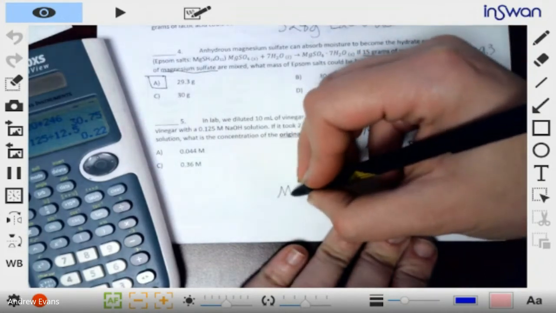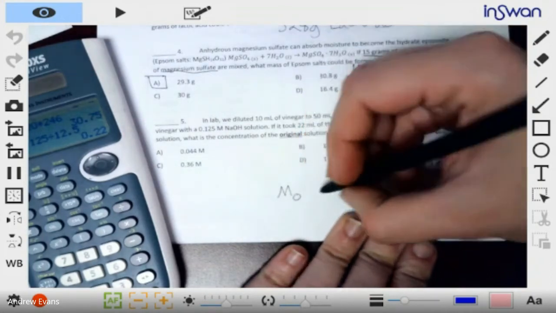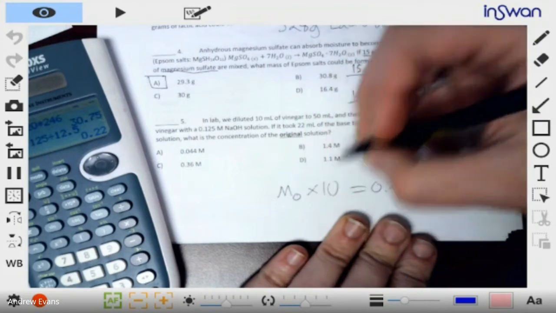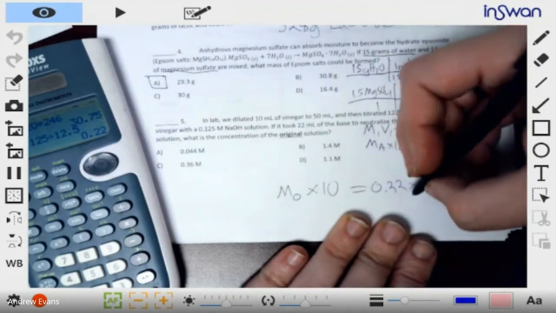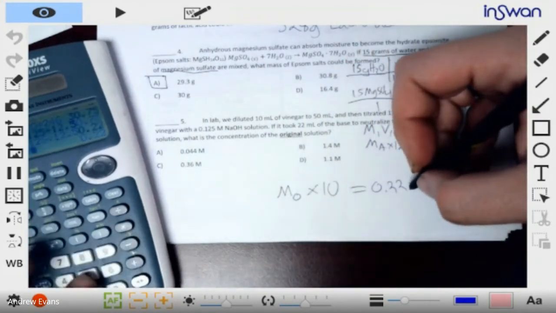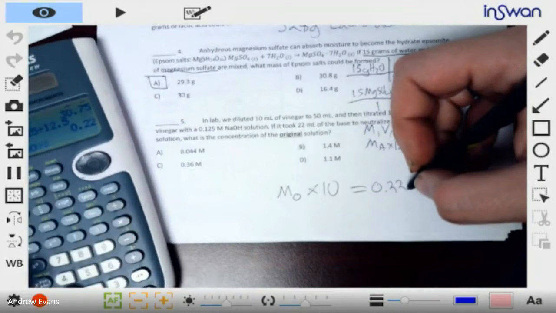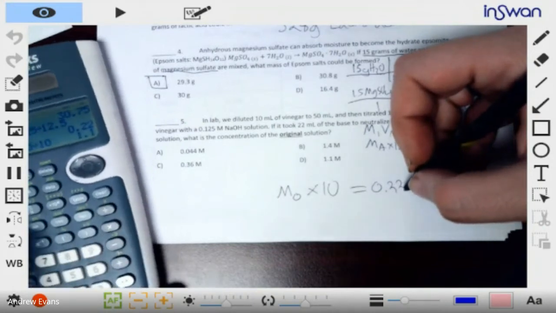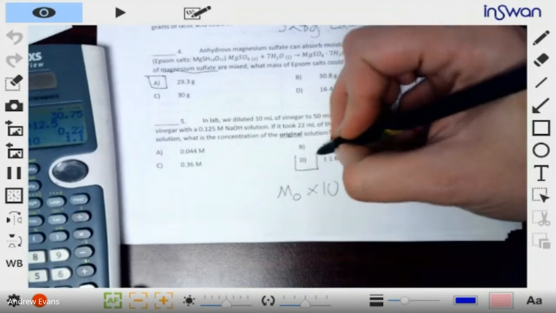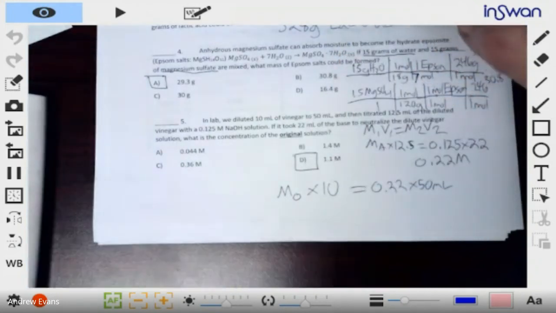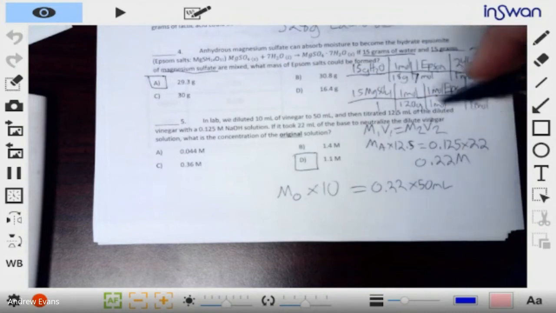So the M original, which was a 10 mL solution, we're going to say 0.22 times 50 divided by 10 is going to be our original concentration. So the original concentration is 1.1 molar. However, this is probably harder than I'm going to ask on the test this year.